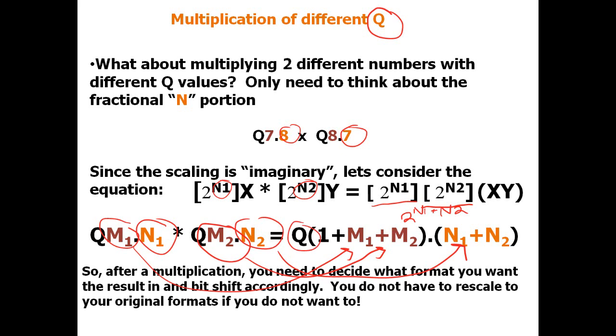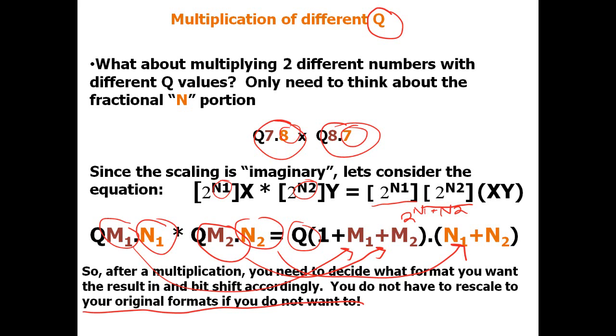So here is the big statement. After multiplication, you've got to decide, what do you want to do with the data? Do you want it in the original format of Q8.7 or 7.8? Well, here's the key: you don't have to go back to the original formats if you don't want to. We can actually leave an intermediate result. So in this case, a Q8.7 and Q7.8.